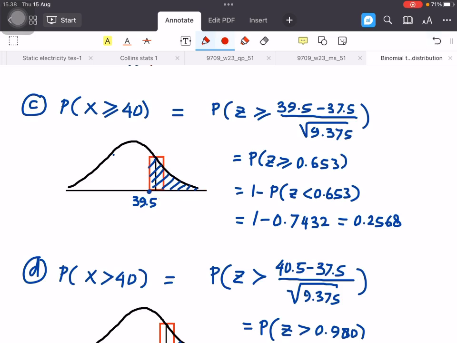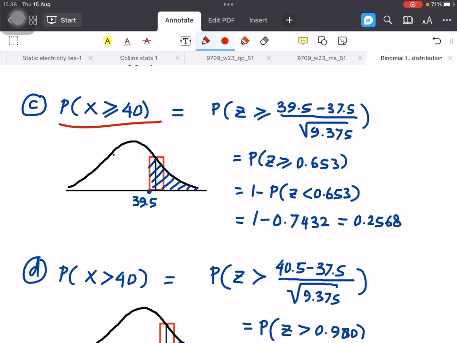So the value of X that we are using here is 39.5. It's because the rectangle is shaded. So instead of using 40, we use 39.5 according to this diagram.